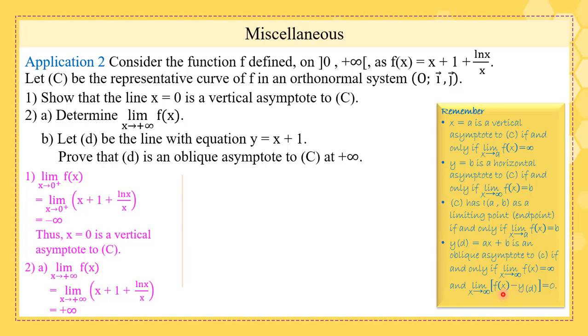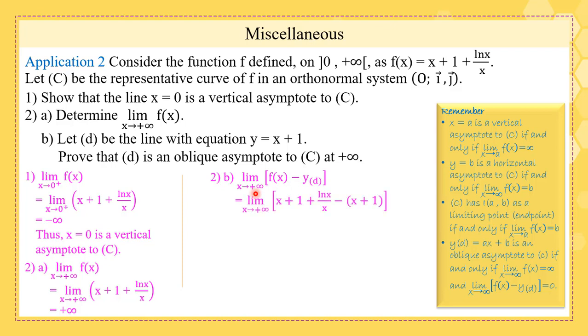We still need to satisfy the second condition. So we need the limit of f of x minus y of D as x tends to infinity, and this limit should be equal to 0. Try to do it alone. Let's see. The limit of f of x minus y of D as x tends to plus infinity.